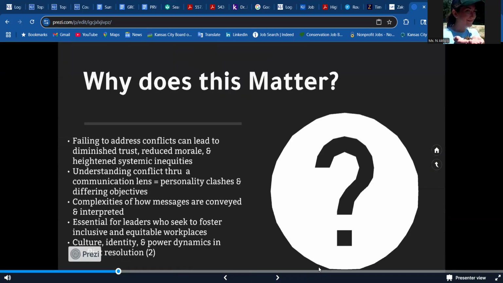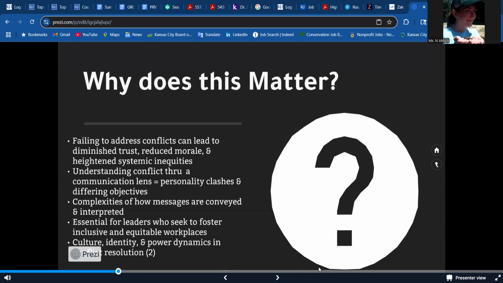So, why does any of this matter? Well, first and foremost, failing to address conflict can lead to diminished trust between coworkers and higher ups, can reduce morale, so work doesn't get done or it gets done slowly or terribly. And it also just heightens systematic inequalities.